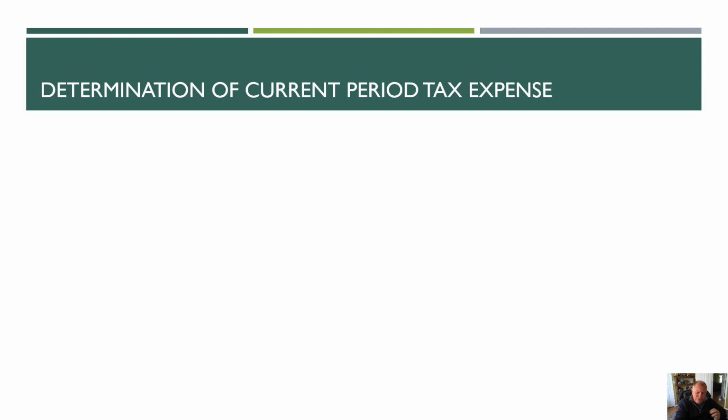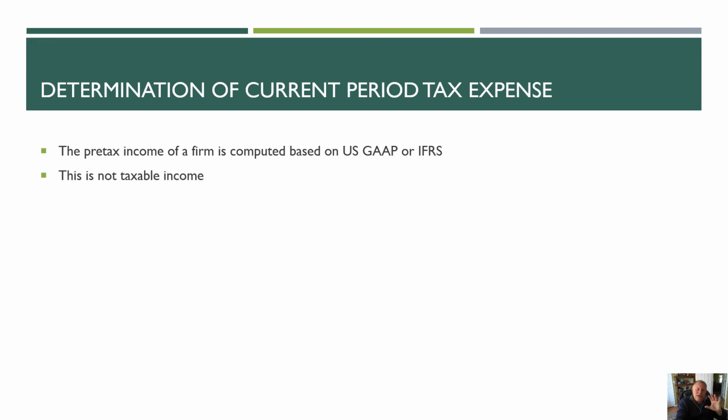The first thing we have is the determination of the current period tax expense, because we're looking at a period. The first thing is the pre-tax income of a firm is based on either U.S. GAAP or IFRS, depending on which method you're using. But you start with the same base. This is not taxable income.